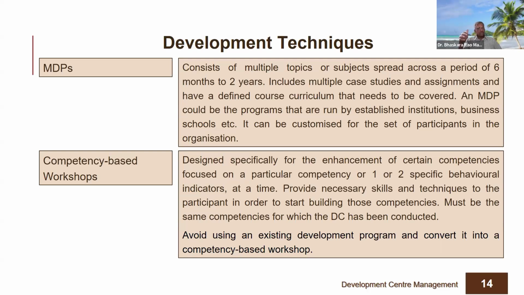Based on that, if there are a sufficient number of people who require training, the organization can ask for a customized training program in the company for those people who have similar training requirements. If your numbers are very small, then you have to look for some external vendor who's offering open MDPs, and then depute your managers or employees for those open MDPs.